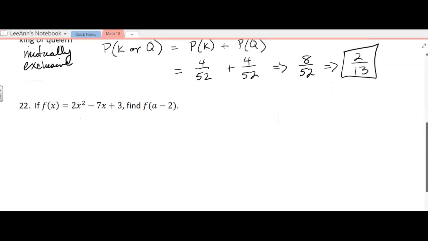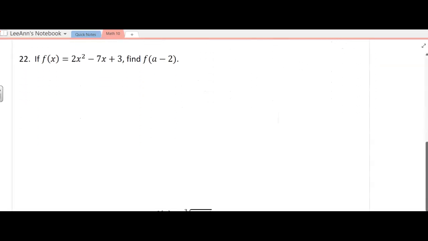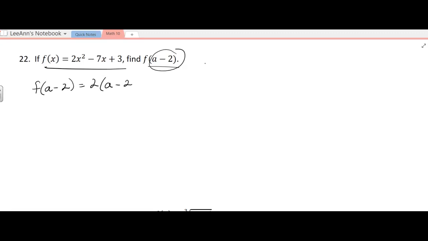Okay. So now it looks like we have some other review type problems. If you have a function and you want to find this, you're going to plug that in, right? So f of a minus 2 is equal to 2 times a minus 2 squared minus 7 times a minus 2. This is called evaluating a function, and we've done this before, hopefully.